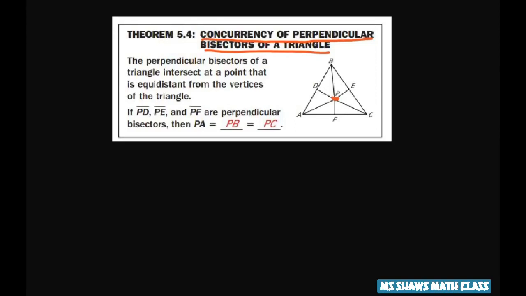Therefore, if PD and PE and PF are perpendicular bisectors, then PA equals PD equals PC.